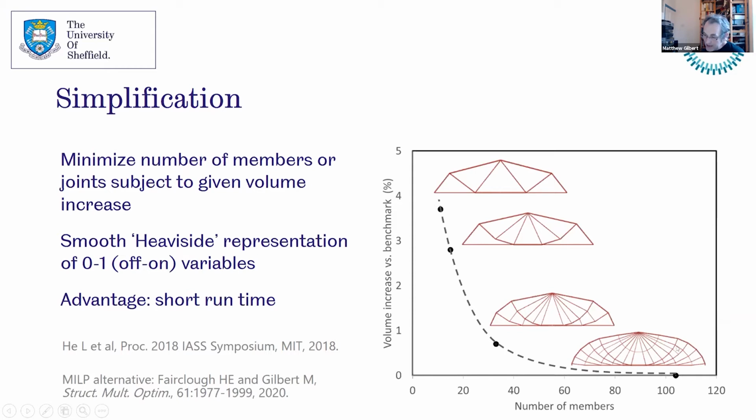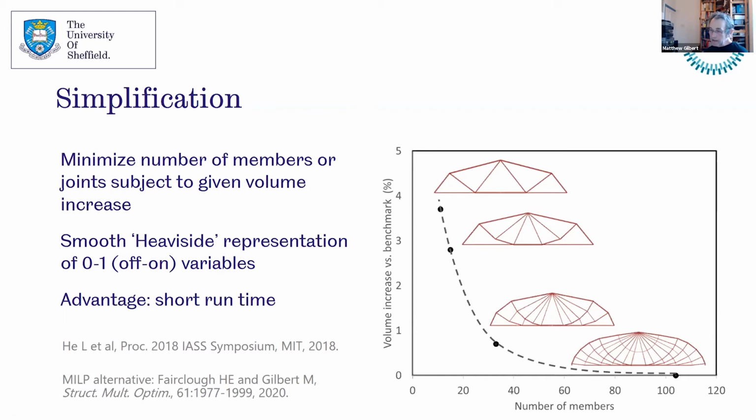And what you can see is that by varying that percentage, a trade-off, percentage increase in volume, you can see a whole family of different structures, and you can choose what trade-off is appropriate for your particular application.